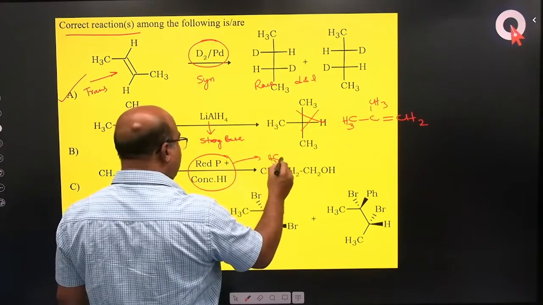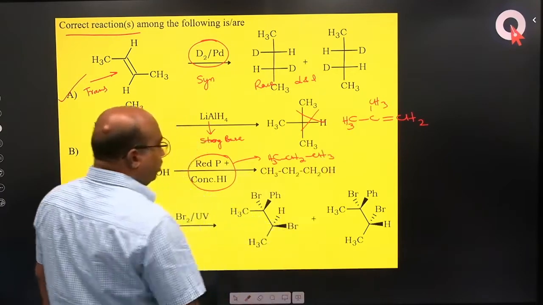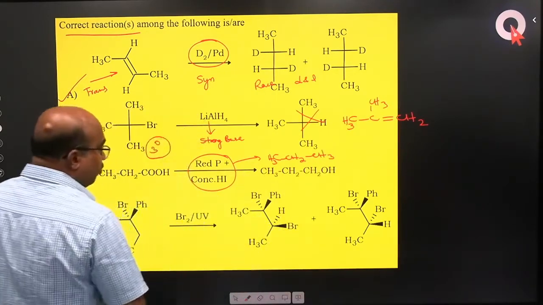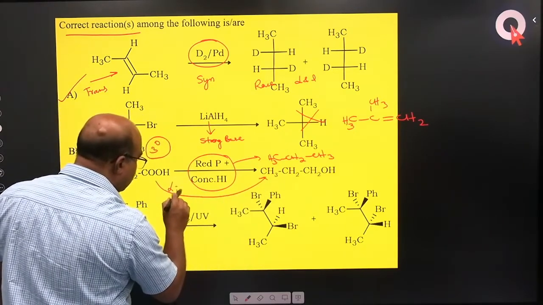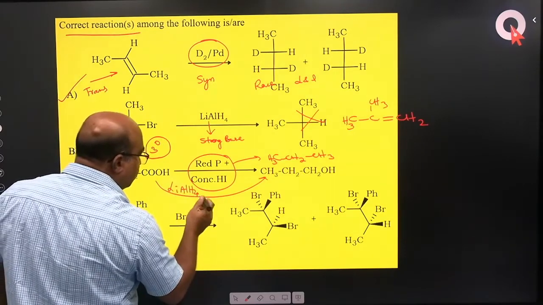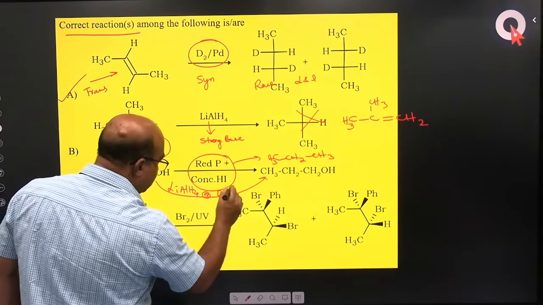So CH3, CH2, CH3. But to get alcohol, what should I do? If you want to reduce acids into alcohols, we can use lithium aluminum hydride. Or acids can even be reduced with diborane in THF.